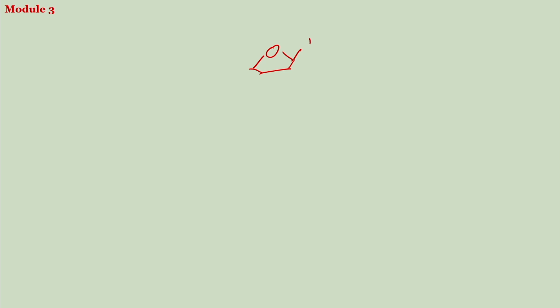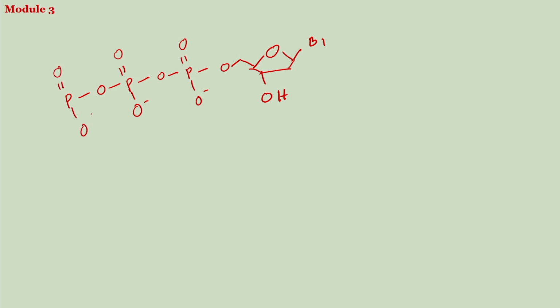if you have a nucleobase B1, your 3 prime hydroxyl is free, and you have the phosphate at the 5 prime. It can be OH or O minus.